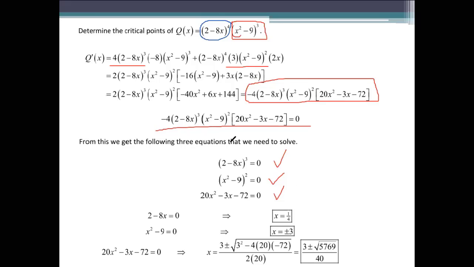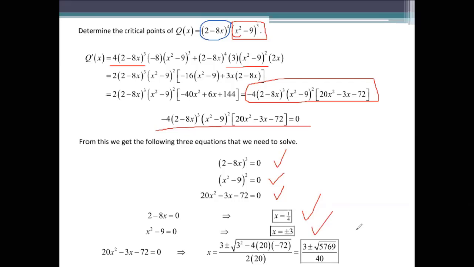And if we solve all of them, the 3 equations, what do we get? So from the first one, we have 2 minus 8x is 0. This is equal to this one, and we have x is 1 over 4. This is the first root, yes. And the second one, so x squared minus 9 is equal to 0. And here we have 2 roots, minus and plus 3.